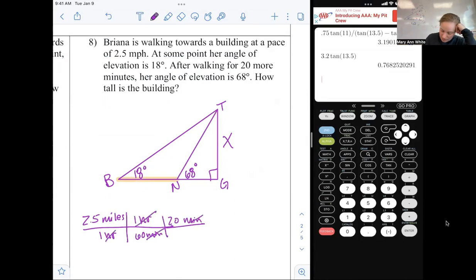Minutes cancels, hours cancels. 2.5 divided by 60 times 20. That is 8.333. We're just going to round it to 0.83. And I'm going to label in between new Brianna and the ground of the building as little d.